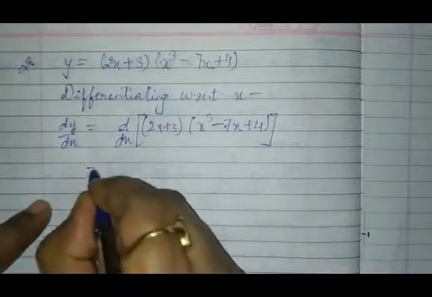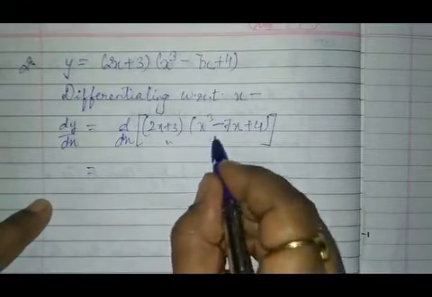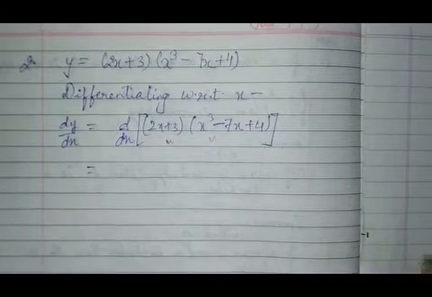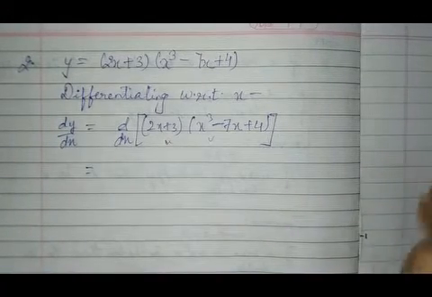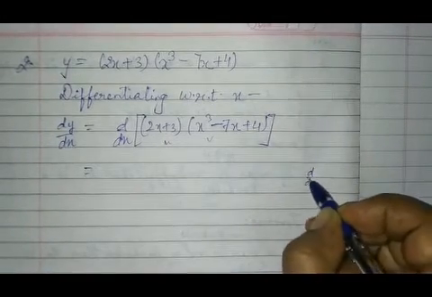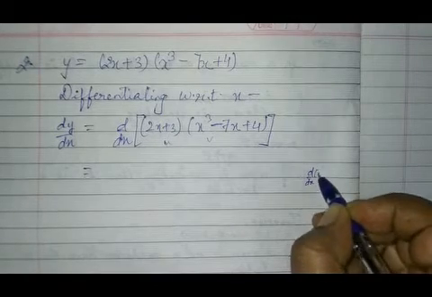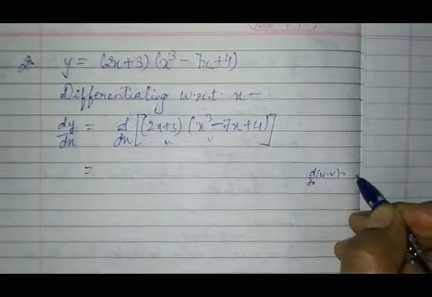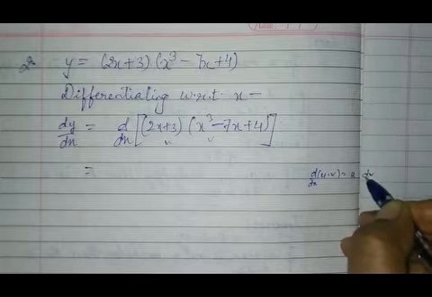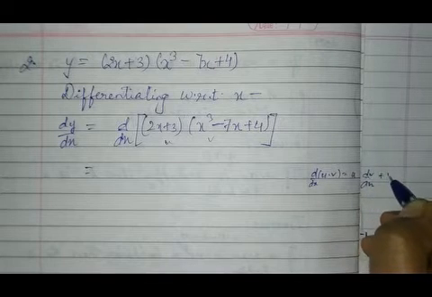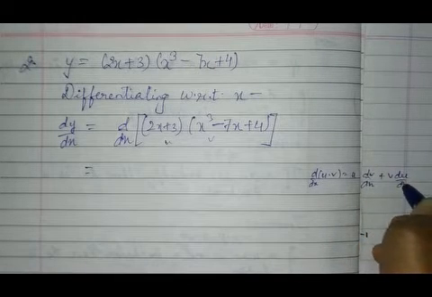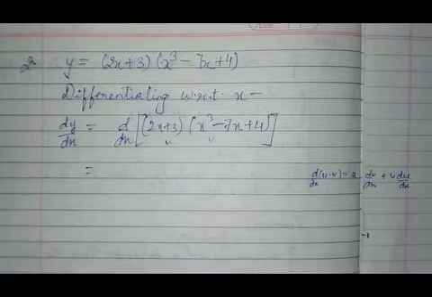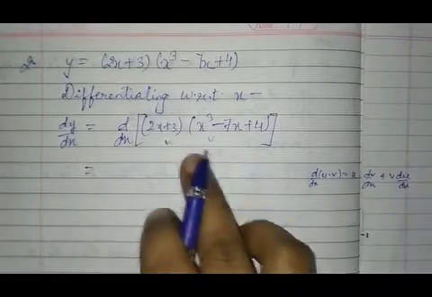Now it is u into v, so we use the formula. What is the formula? d/dx of (u·v) = u dv/dx + v du/dx. Now we apply this formula here.